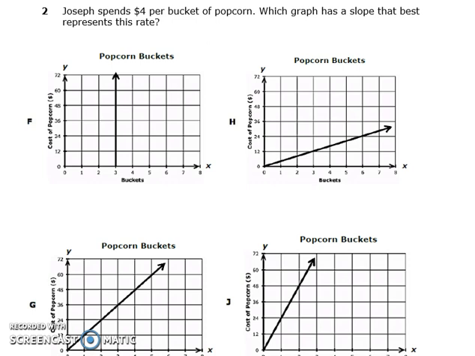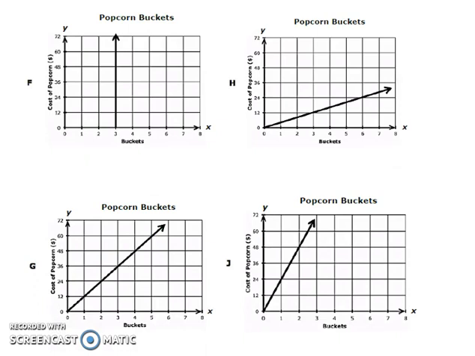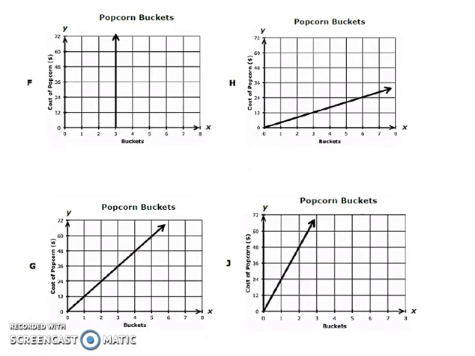Number 2. Joseph spends $4 per bucket of popcorn. Which graph has a slope that best represents this rate? F, H, G, or J?